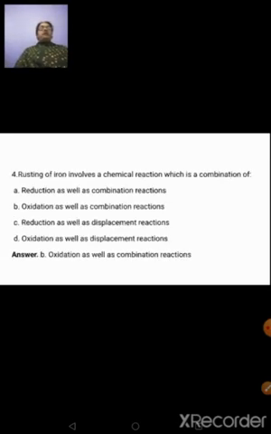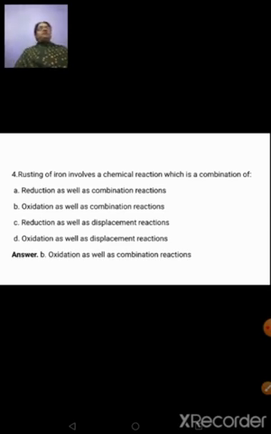Next question. Rusting of iron involves a chemical reaction which is a combination of, rusting of iron, that is formation of iron oxide. So it is an example that shows reduction as well as combination reaction, oxidation as well as combination reaction, reduction as well as displacement reaction, oxidation as well as displacement reaction.